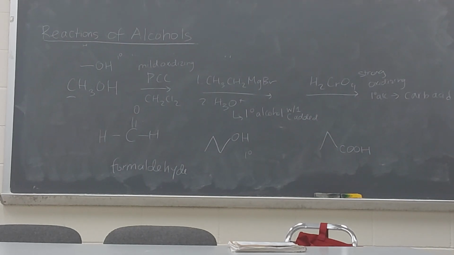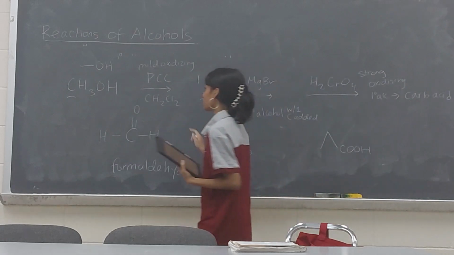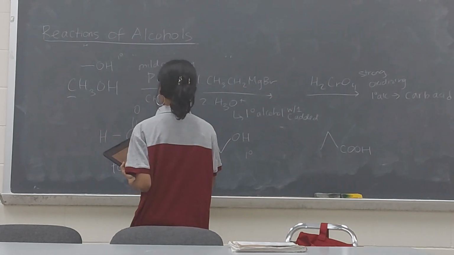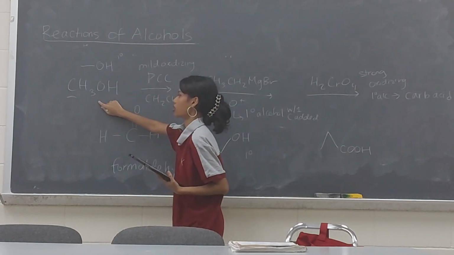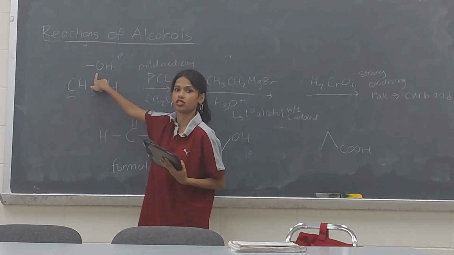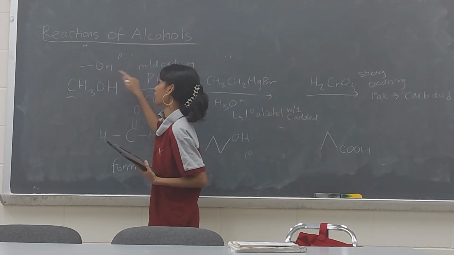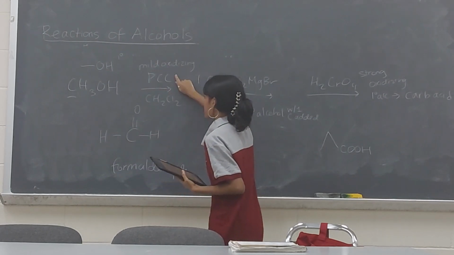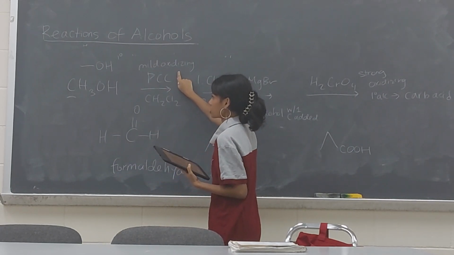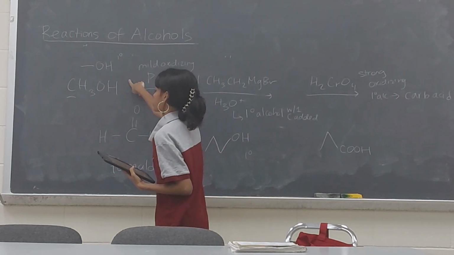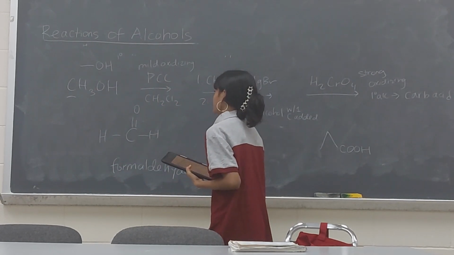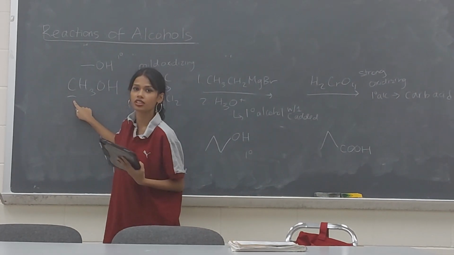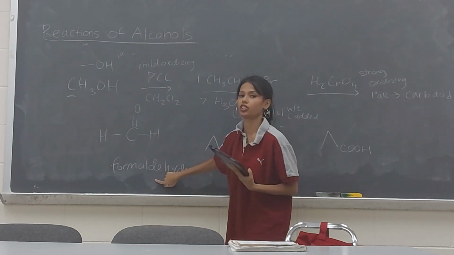Could you please explain the first step? Or you got the first? So primary alcohol, CH3OH, is just this, right? And then PCC is a mild oxidizing agent. PCC plus a primary alcohol will give you an aldehyde, but since there's only one carbon in this case, it's specifically formaldehyde.